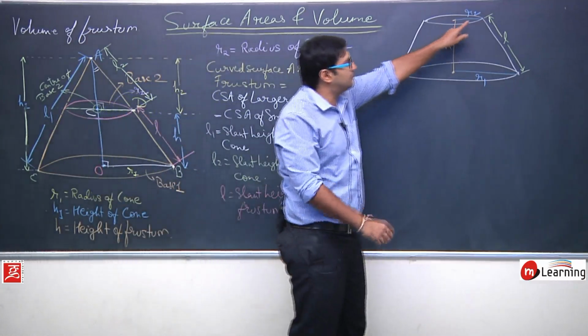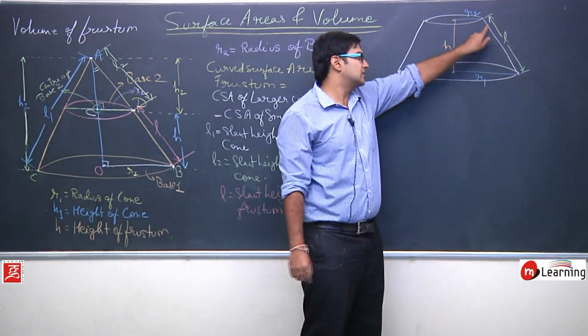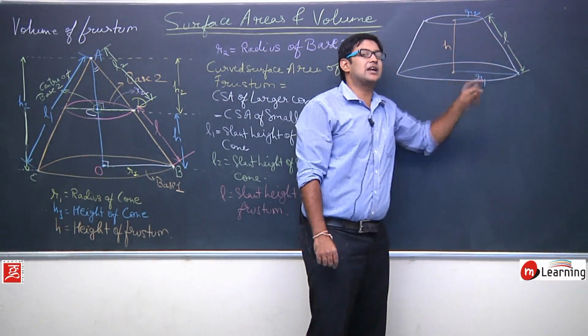Okay, this is one corner of the base, this is another corner of the second base. So distance between them is the slant height.